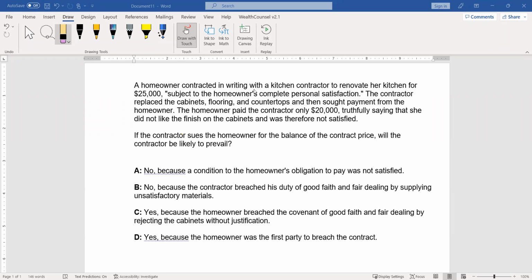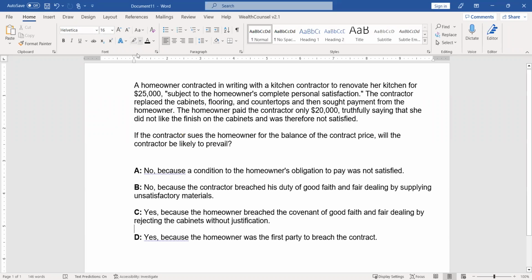A homeowner contracted in writing with a kitchen contractor to renovate her kitchen for $25,000, subject to the homeowner's complete personal satisfaction. The things to make note of at this point: the homeowner contracted to renovate, that's a construction contract, subject to the homeowner's complete personal satisfaction.